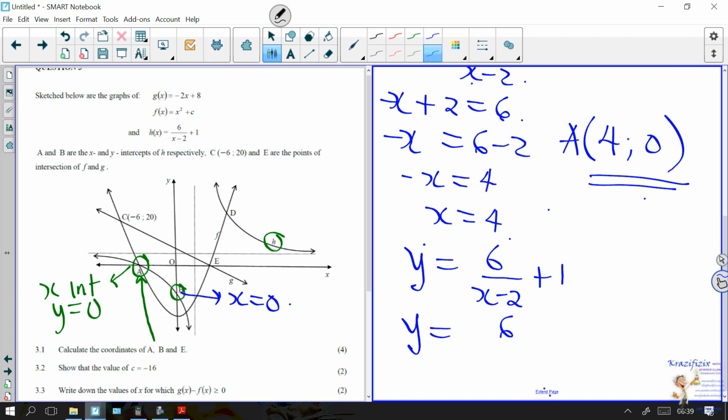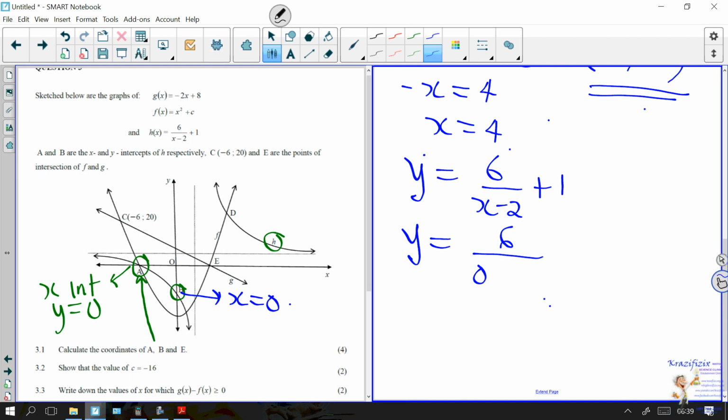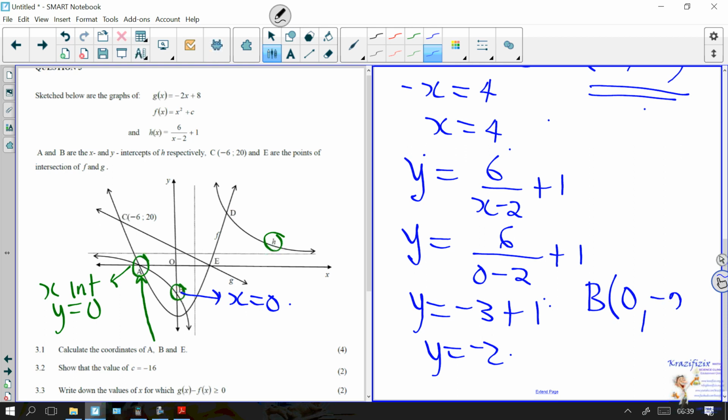My x value already is 0. So y equals 6 divided by 0 minus 2, plus 1. 6 divided by negative 2 would give me negative 3, plus 1. Y equals negative 2. So what are my coordinates? X is 0 and y is negative 2.